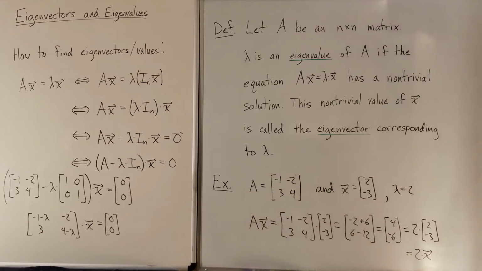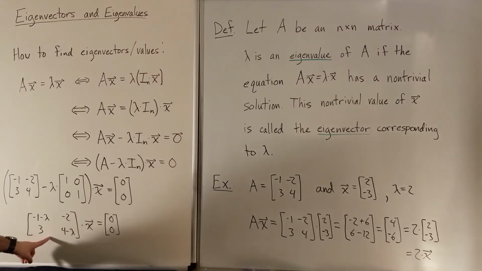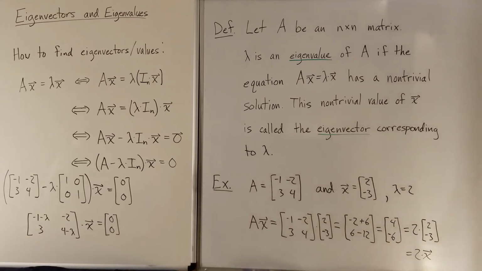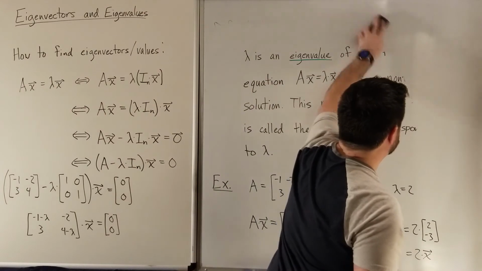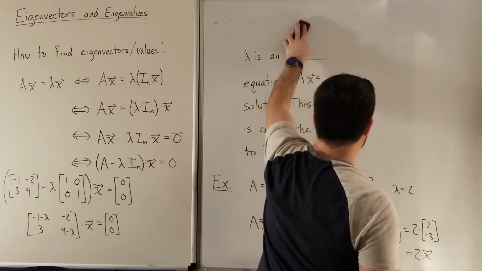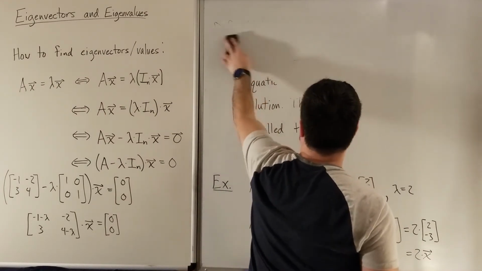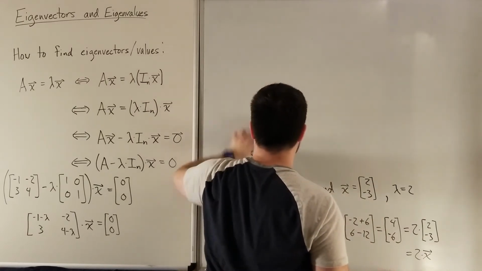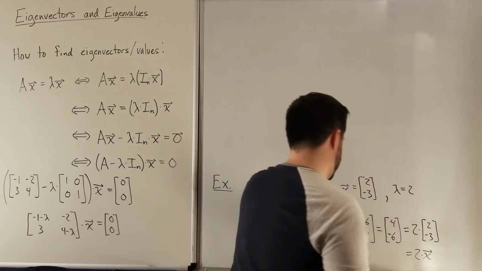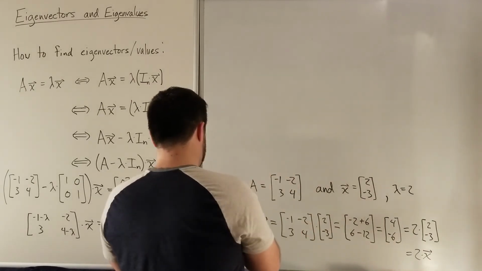So the way we're going to deal with that is we're going to take the determinant of this and set it equal to 0. So recall one of the nice properties of determinants is that if the determinant is 0, then the matrix is not invertible. And that is actually an if and only if.